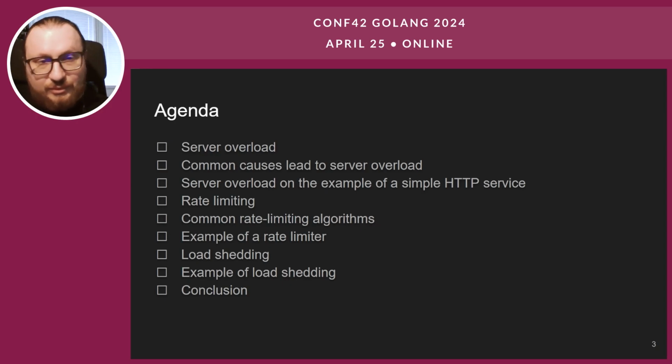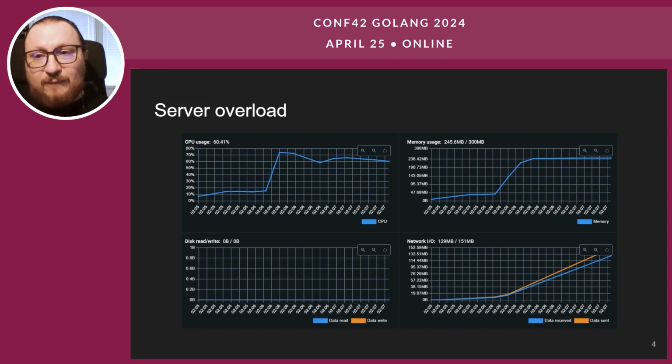Let's get started. When we develop a backend application, we deploy it to a server to make it available to users. As a server, both physical and virtual servers can be used. It doesn't matter. Each server always has limited computational or system resources, such as CPU or memory.